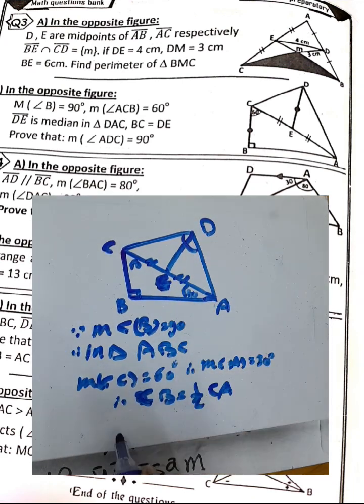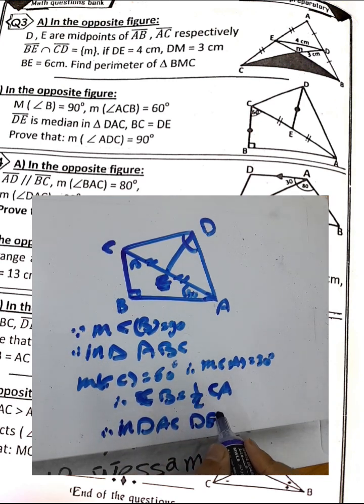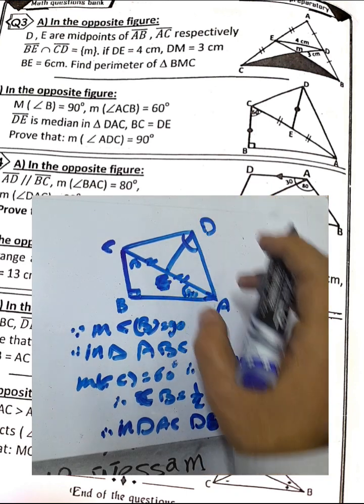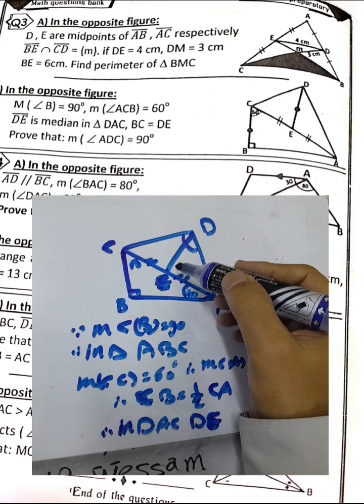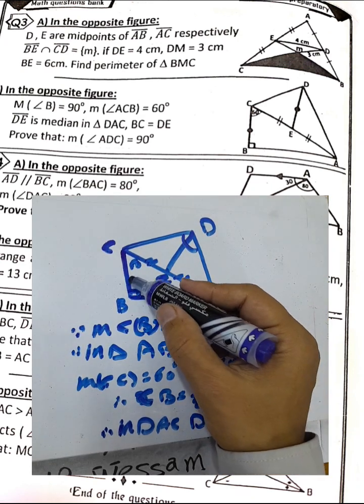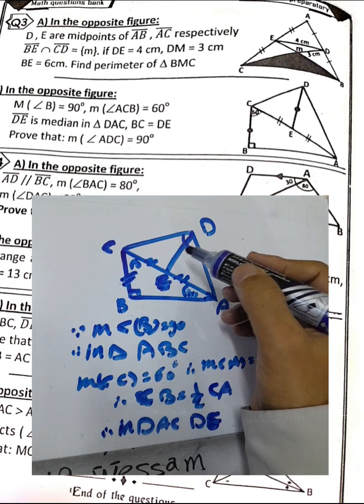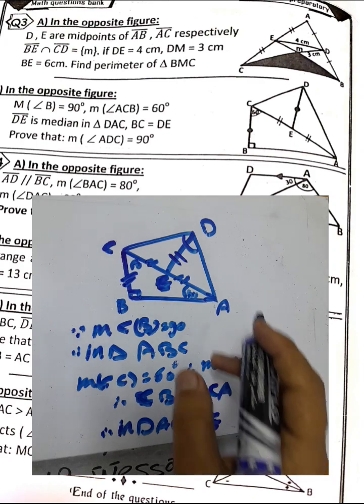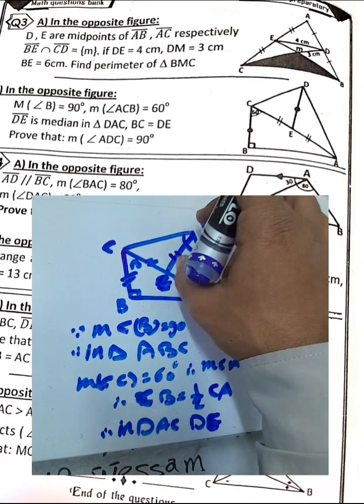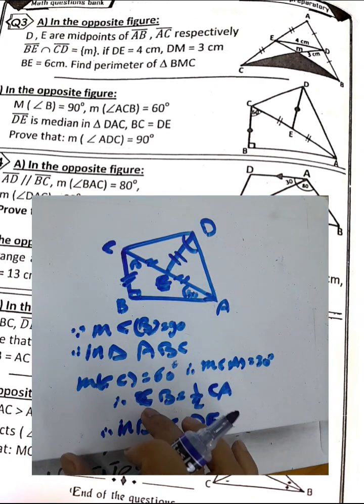Then in triangle DAC, we have DE is the median. Then DE is the median of this triangle, and he gives us BC was equal to DE. Then in the triangle here, CB equals ED.